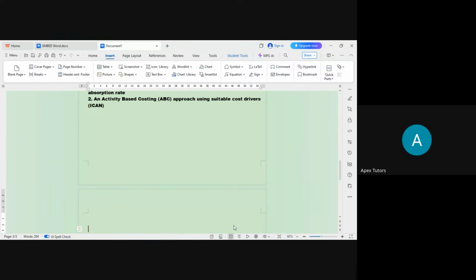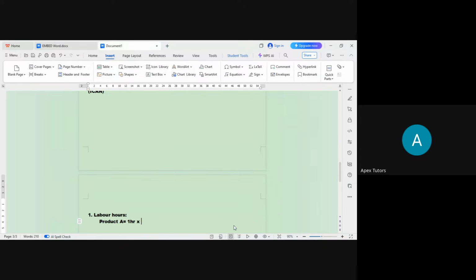The first step is this: labor hours for product A, we have 1 hour, and it's stated per unit.